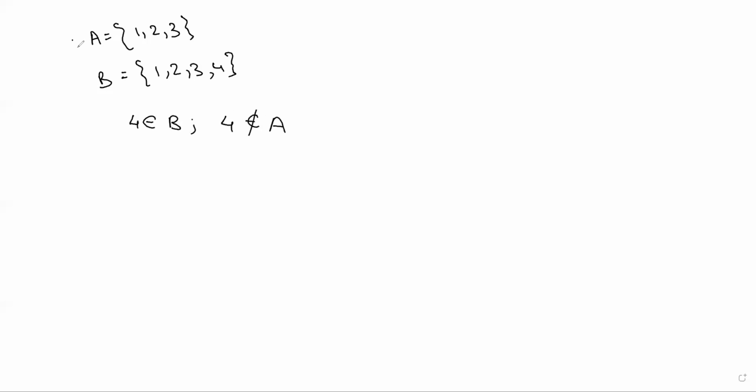So in the same example of A having 3 elements, 1, 2, and 3, and B having 4 elements, 1, 2, 3, and 4, 4 belongs to B, but the same 4 does not belong to A. So there is an element which is part of B, but not part of A. If this situation occurs, then apart from A being a subset of B, A will also be called a proper subset of B. And B will be called a superset of A.